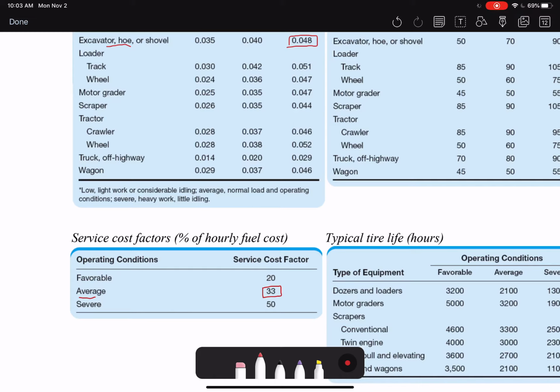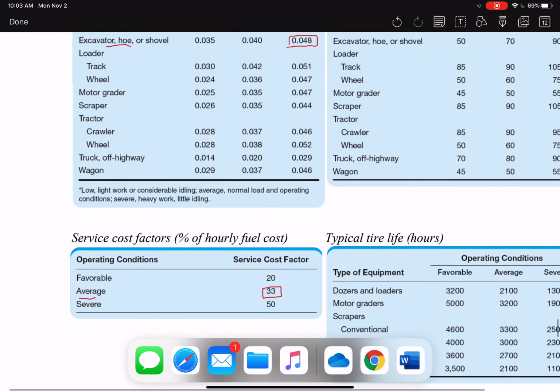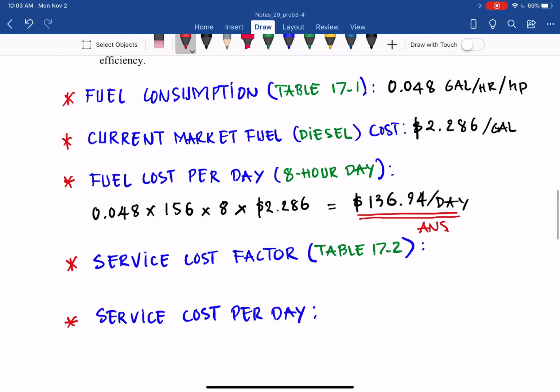We already found the hourly fuel cost, so we can determine the service cost. As you can see, it equals 33% of the hourly fuel cost, and I assume this one is average condition.